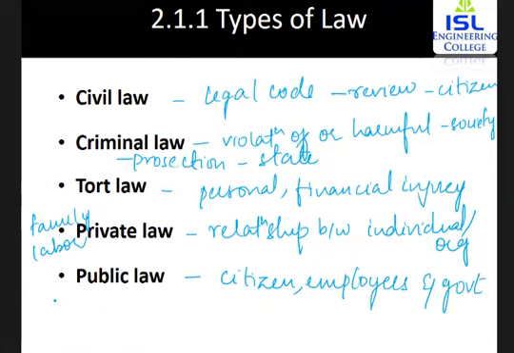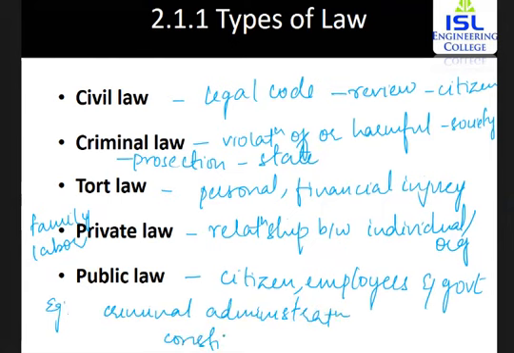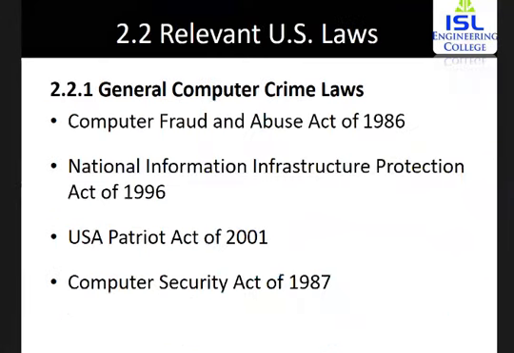Examples for public law can include criminal administration or the constitutional law. So, these are the different types of laws.